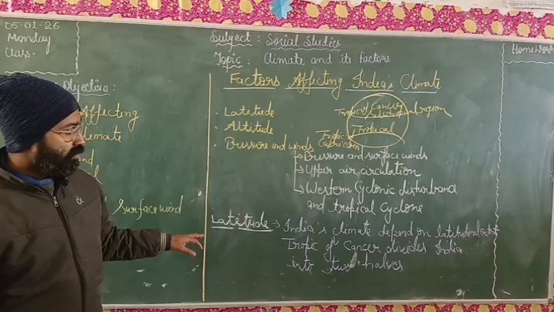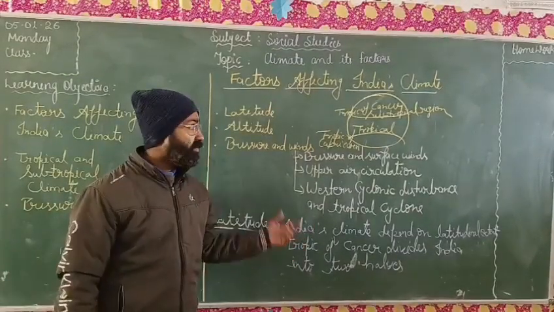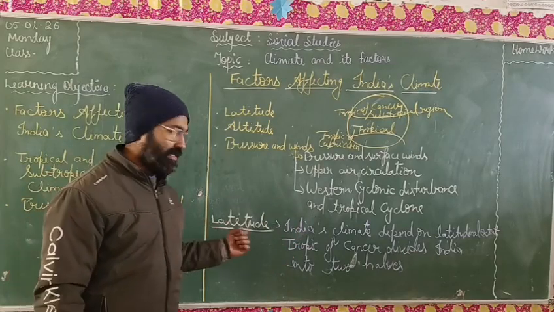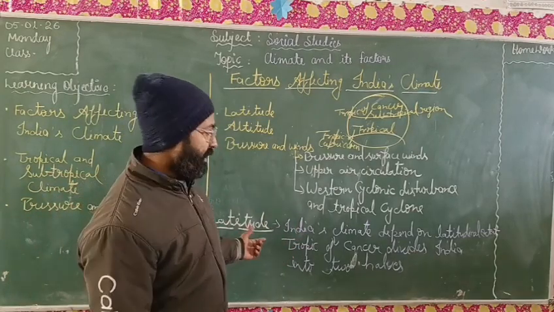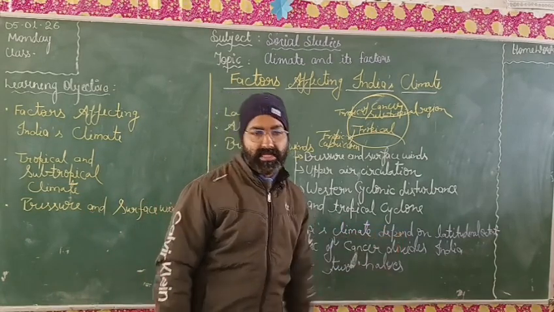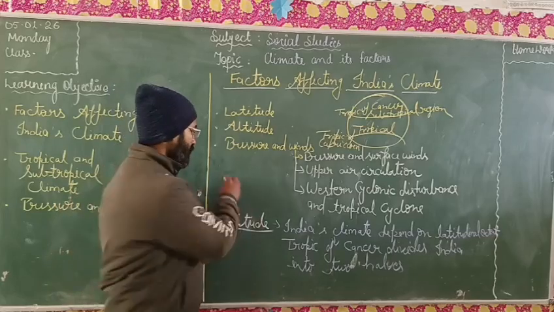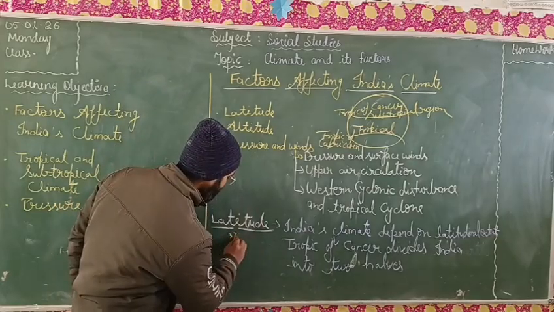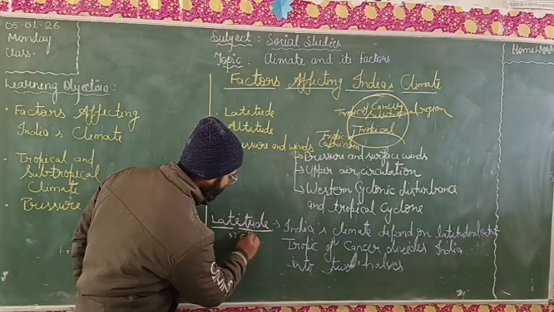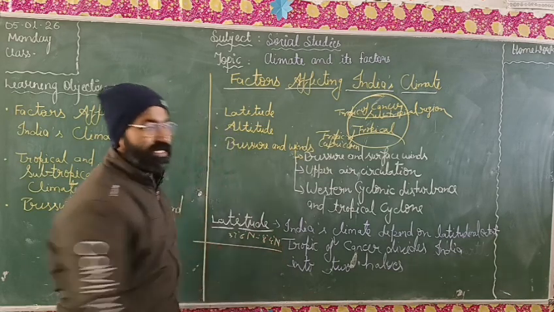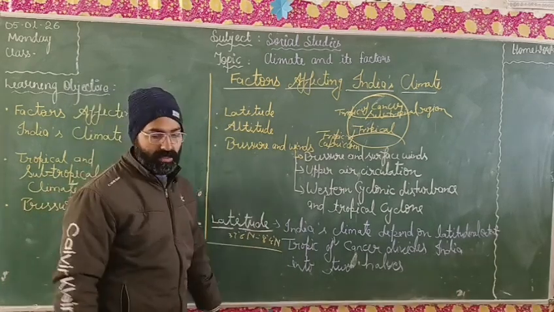So the first factor that affects India's climate is latitude. India's climate depends on its latitudinal extent, which is 37 degrees 6 minutes north to 8 degrees 4 minutes north.